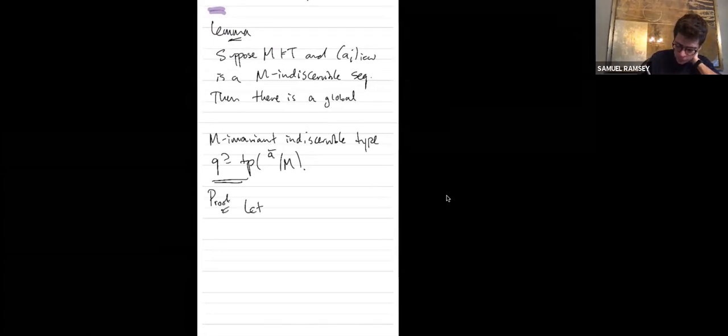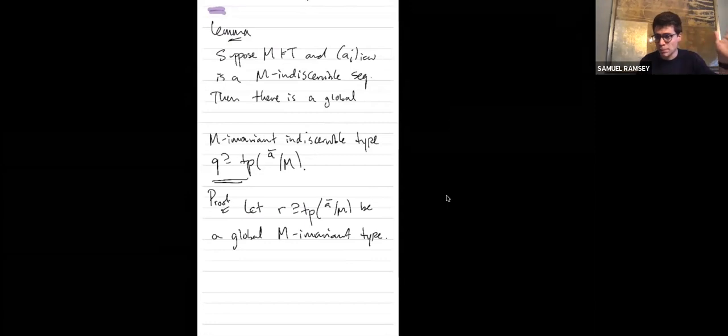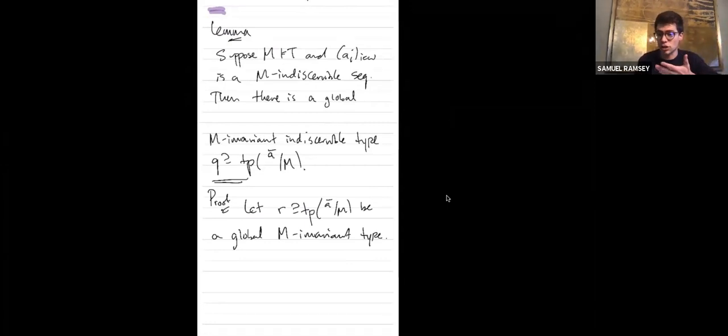So let R, extending the type of A bar over M, be a global M-invariant type. So we proved long ago that whenever you have a type over a model, you can always extend it to a global M-invariant one. And we even gave an explicit construction of how to do this. You can take an ultrafilter on the model whose average gives you the type, and then you can use that same ultrafilter to define a global extension.